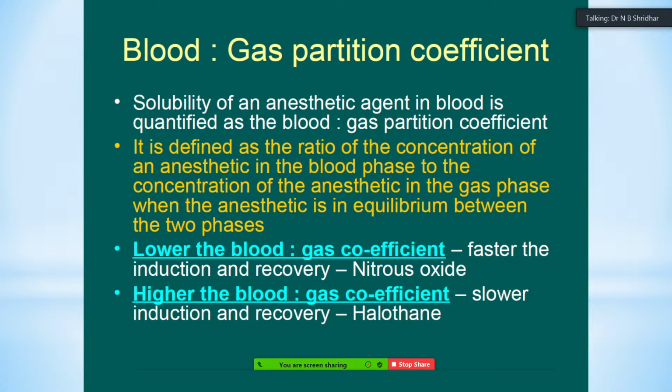The classical example is nitrous oxide. The higher the blood gas coefficient, the slower the induction and the slower the recovery. The classical example is halothane. So the blood partition coefficient plays an important role in judging the induction and recovery stage of any gaseous anesthetic.